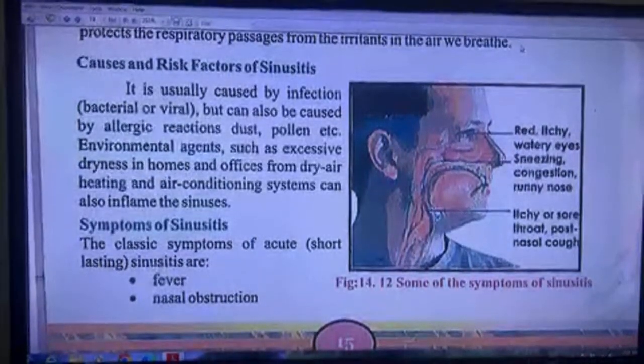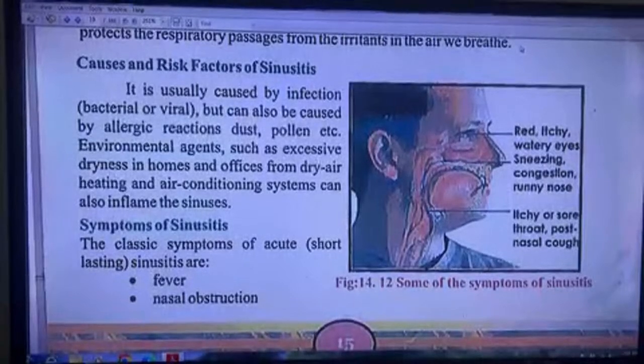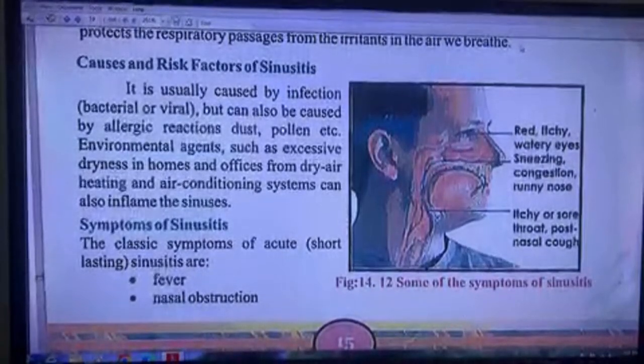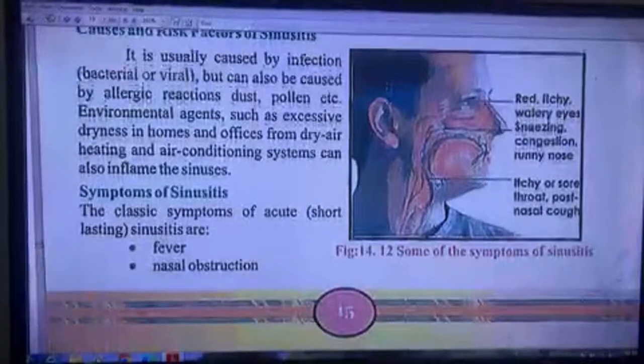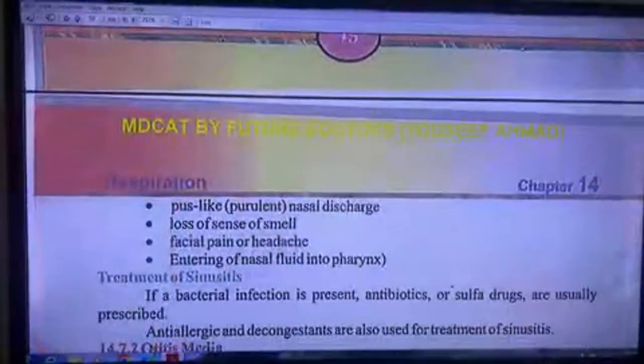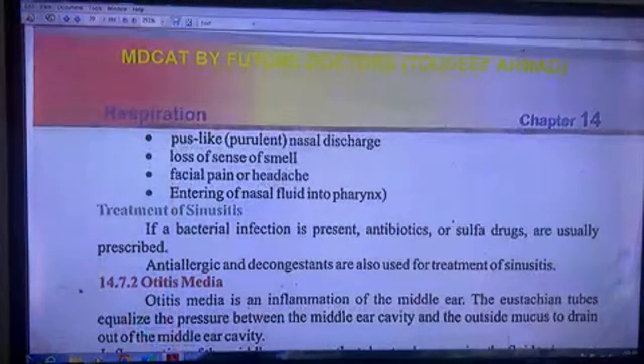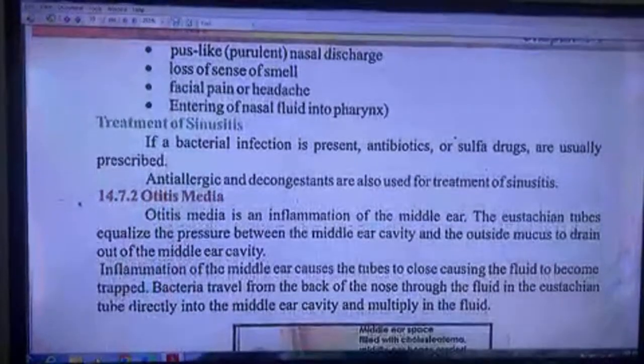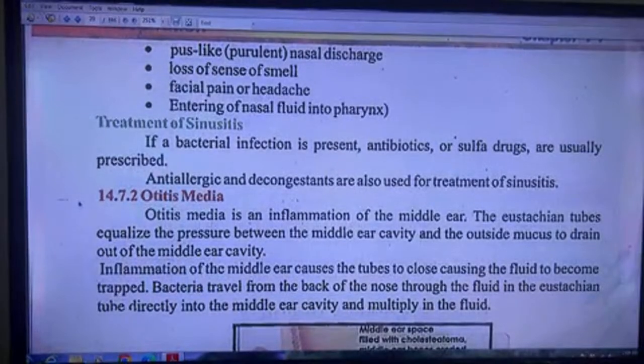Symptoms of sinusitis. The classic symptoms of acute, short-lasting sinusitis are fever, nasal obstruction, pus-like purulent nasal discharge, loss of sense of smell, facial pain or headache, and entering of nasal fluid into the pharynx.